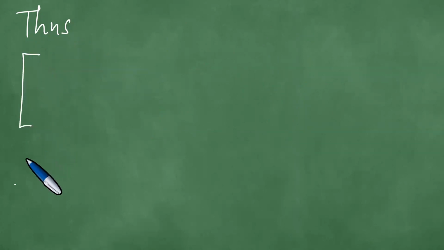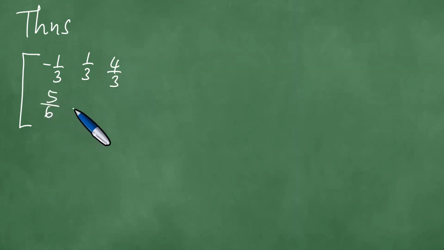Thus, what we do is we take the inverse matrix, this one here. So we take the matrix, which is minus 1/3, 1/3, 4/3, 5/6, minus 5/6, minus 1/3.